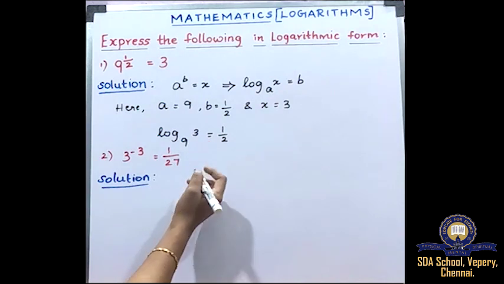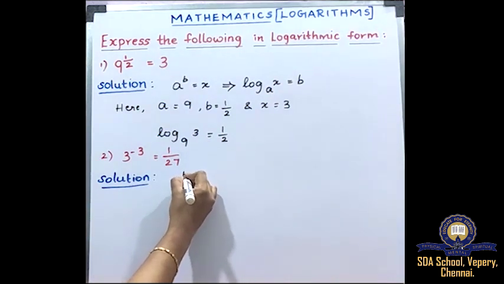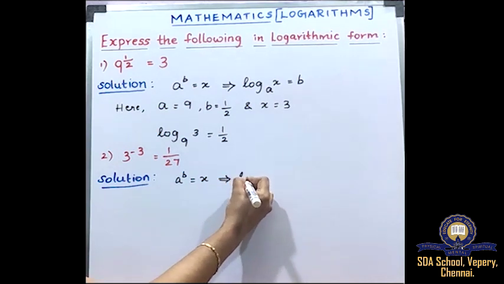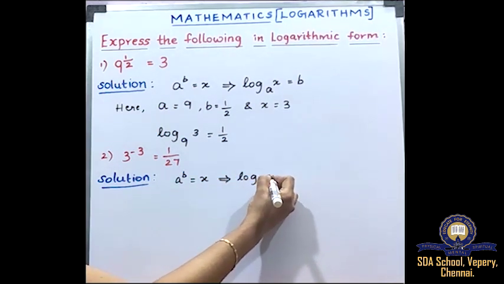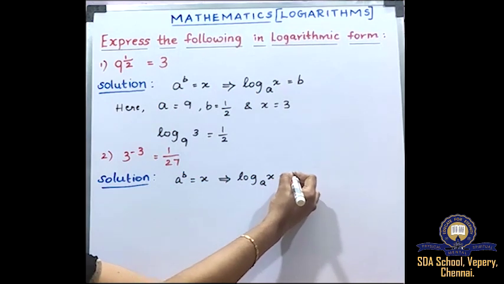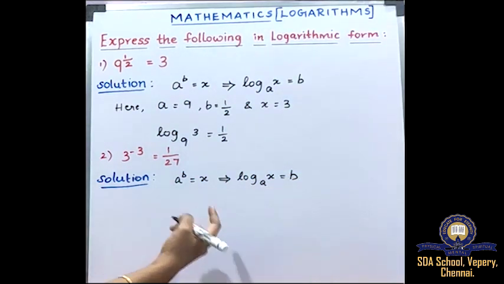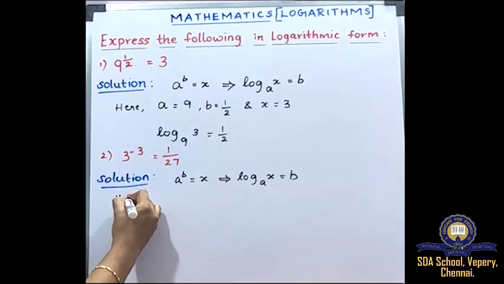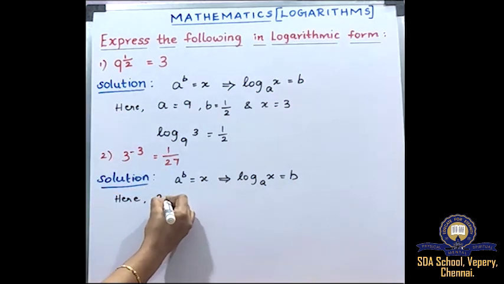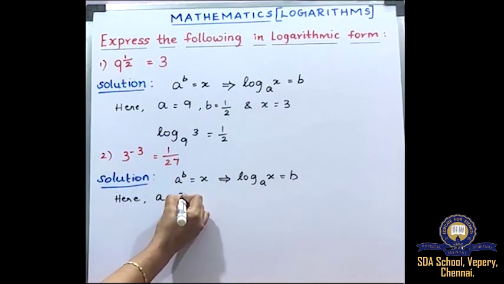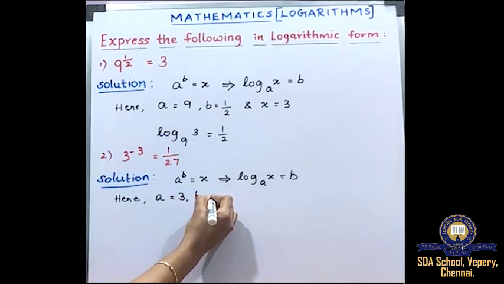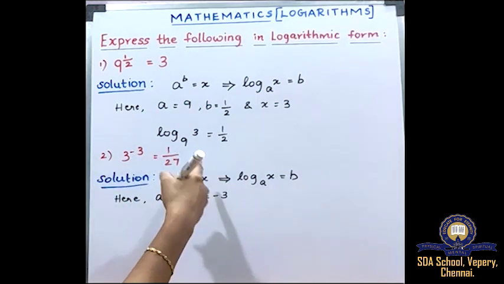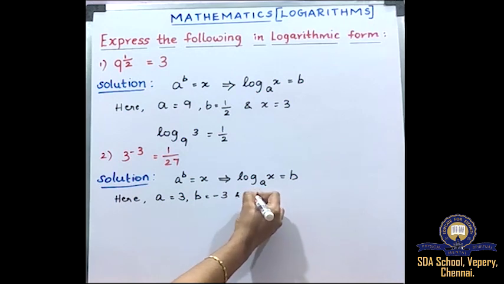Proceeding in the same way, the formula is a to the power b equal to x, then log x to the base a equals b. Now if you compare the exponent form with the given question, the a value is 3, the b value is minus 3, and the x value is 1 by 27.